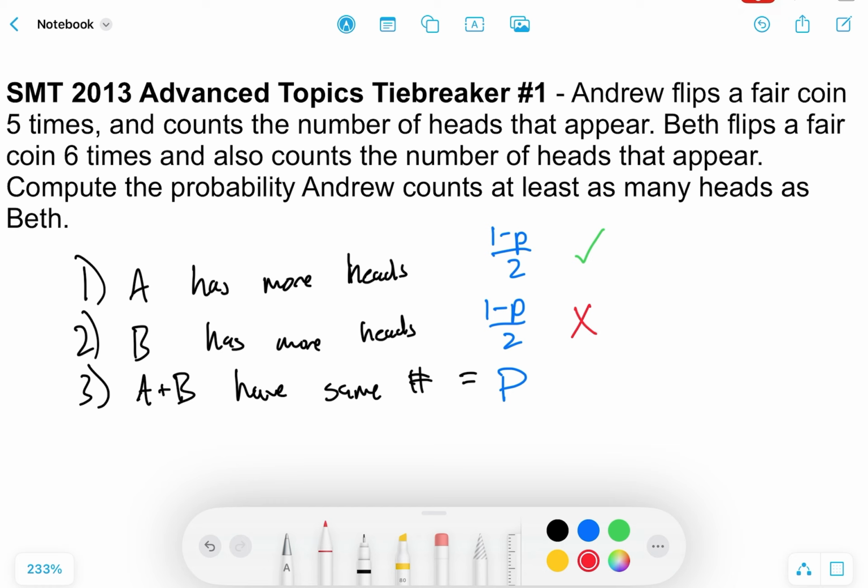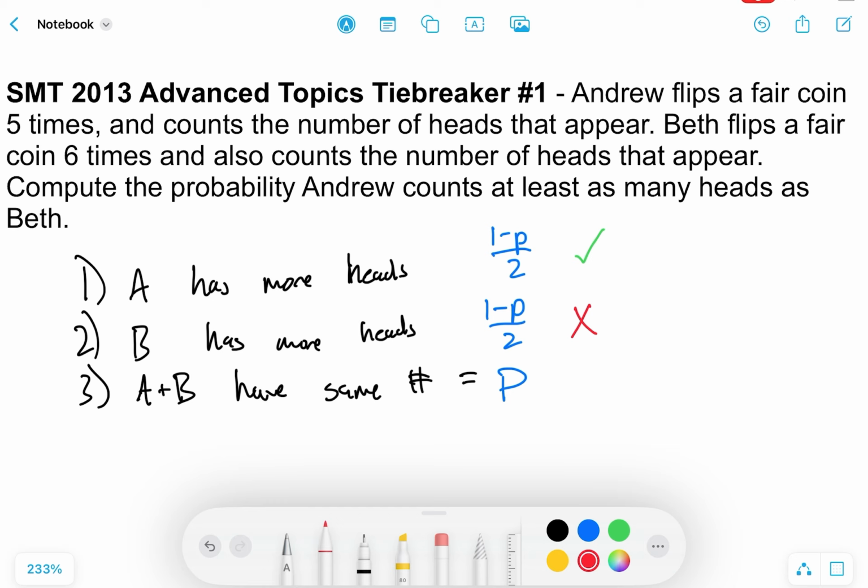Now let's look at the third case, where Andrew and Beth both have the same number. Well, depending on whether Beth gets heads or tails, Andrew could win. If Beth gets a tail, then they're both going to have the same number, and that's valid. If Beth gets a head, then Beth is going to have more heads total, and that's a bad scenario.